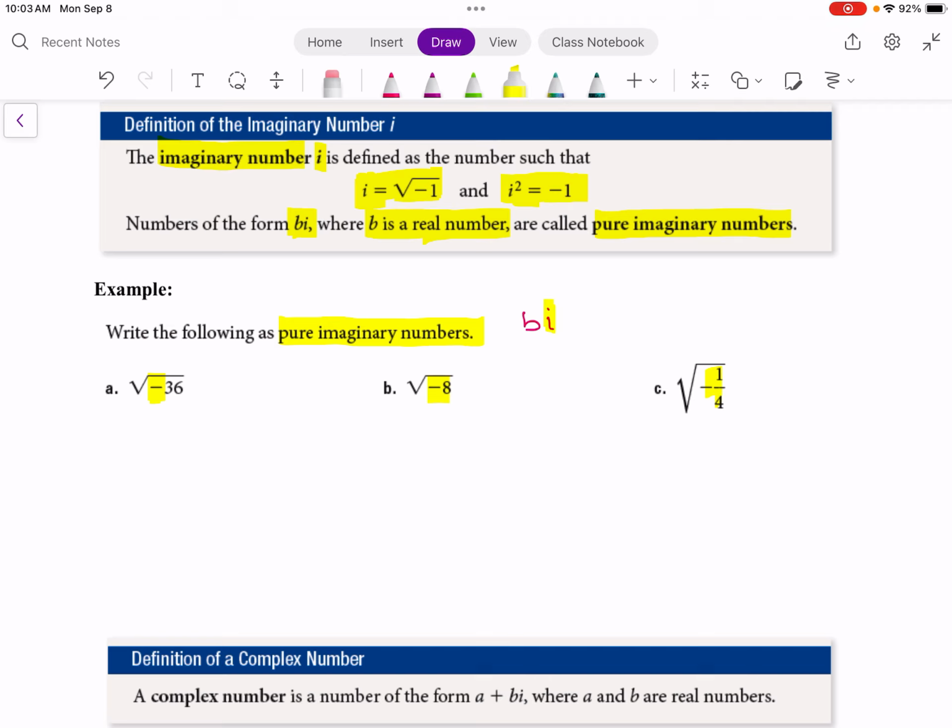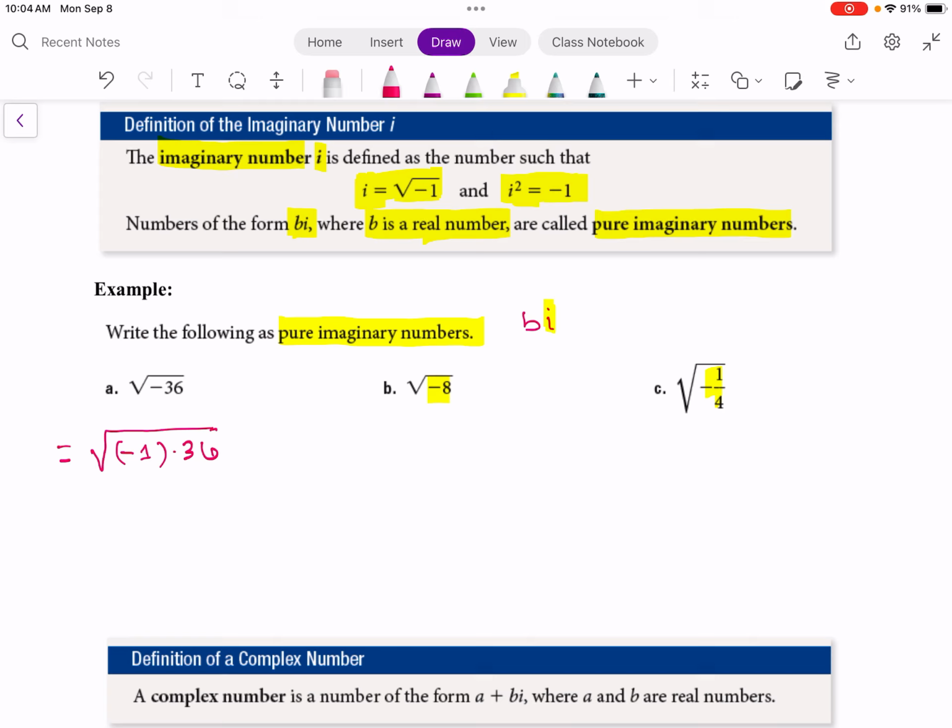Now we will rewrite this imaginary number in terms of i. So here we have the square root of -36. Now can we rewrite -36 as -1 times +36? Do you all agree? We can rewrite, right?